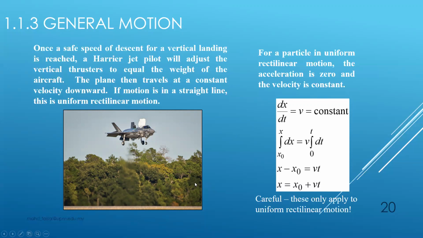So if you want to analyze this particular problem, let's say you want to find its instant position, you can use this formula to get that position by simply doing this math. Therefore you will arrive at x equals x naught plus vt. x is the final position that you are looking at, which depends on t, and x naught is the initial position that you analyze.